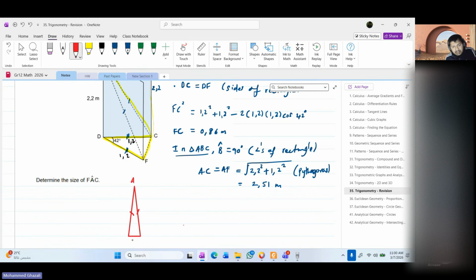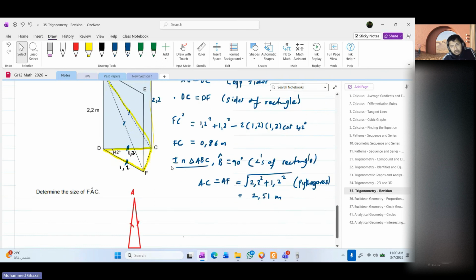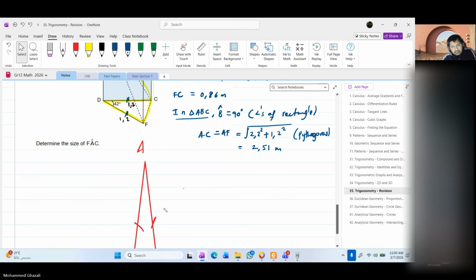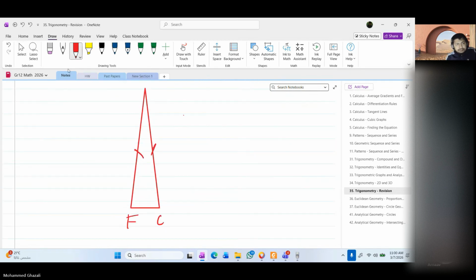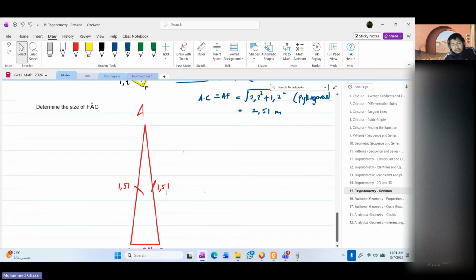And this is A, and this is F, and that is C. Those two are equal, you are even given FC, which is 0.86. And we just solved here, 2.51 and 2.51.